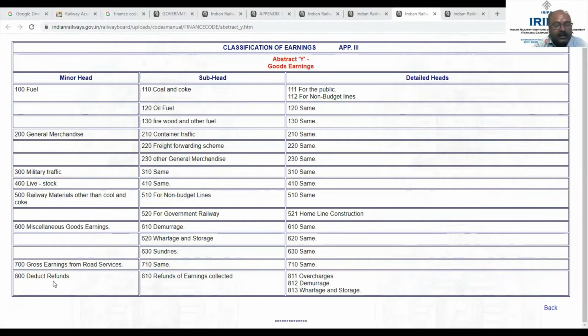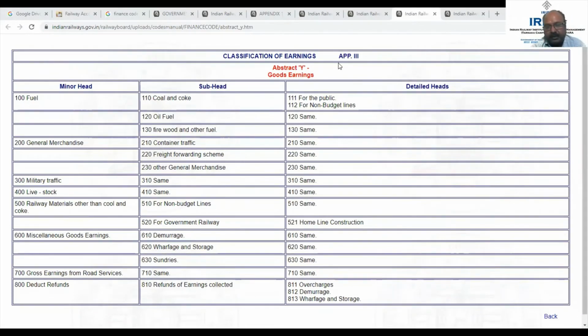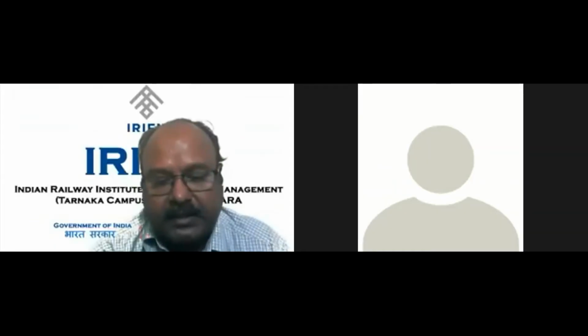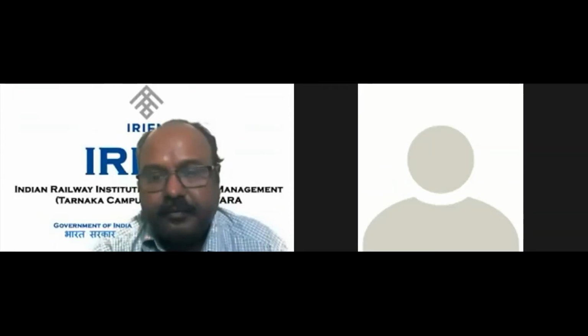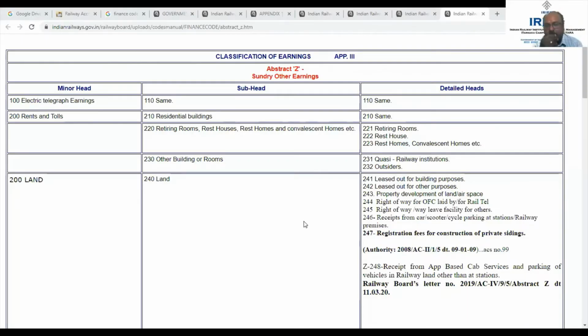And here also this 800 reflects deduct refunds and sundry earnings. This is abstract Z, sundry earnings.